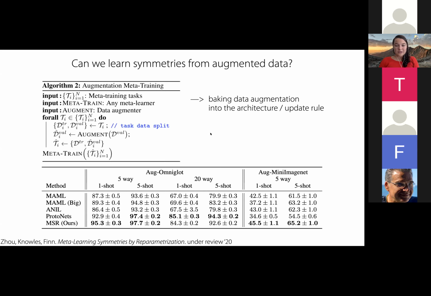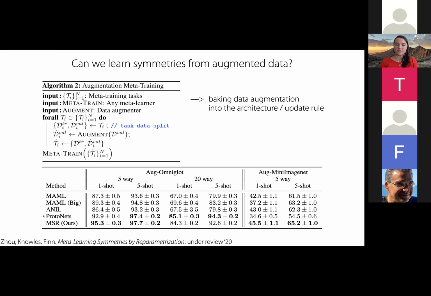What we found here is that in general, when looking at augmented Omniglot and augmented mini-ImageNet, where the augmentations corresponded to a variety of things such as rotation and reflection, we are able to do significantly better than MAML, as with the approach I described before. We also compared to a MAML with a larger architecture in order to control for the number of parameters between MAML and MSR.